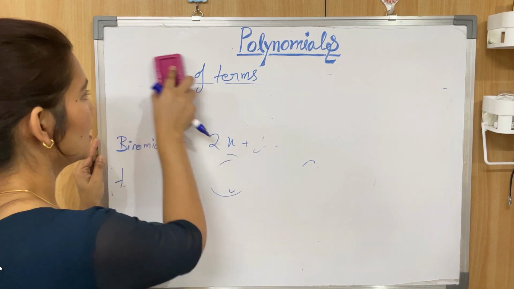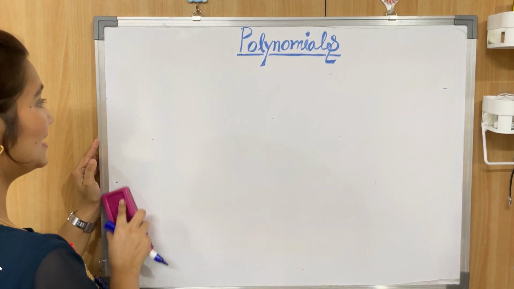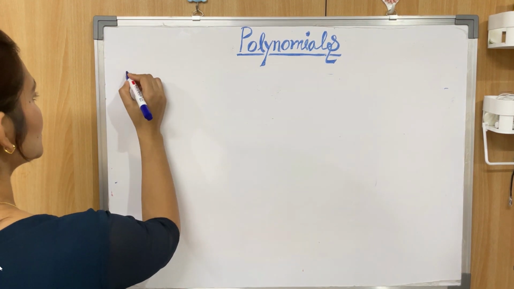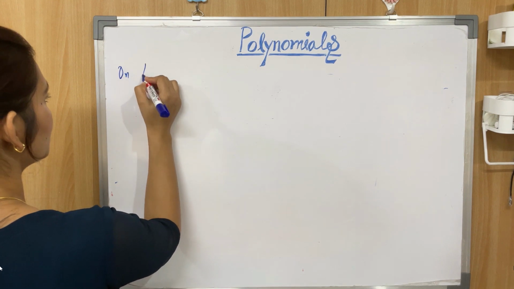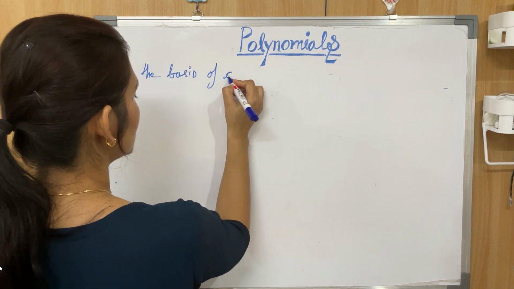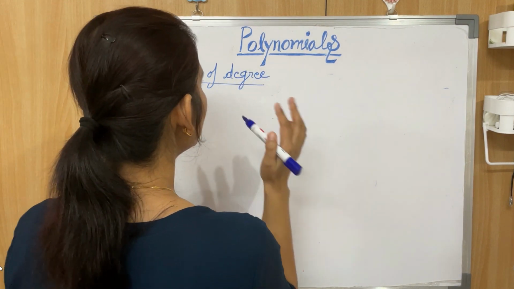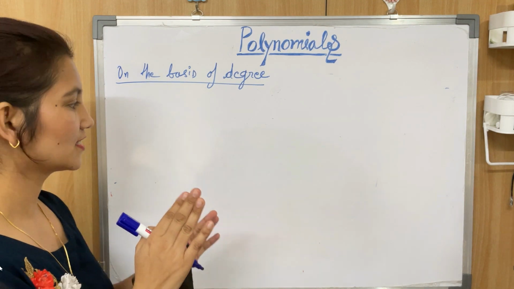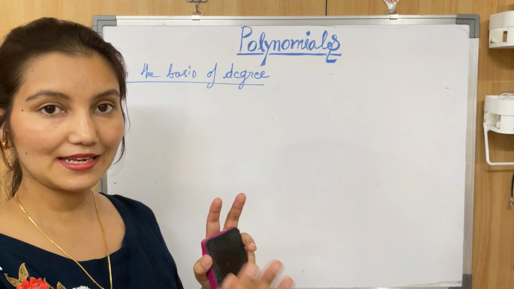Now let's see the types of polynomials on the basis of degree. To understand this, we need to know what the degree of a polynomial is. Degree is the highest power of a variable in an expression.